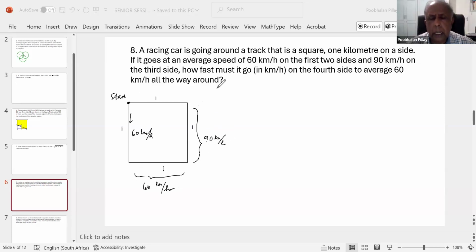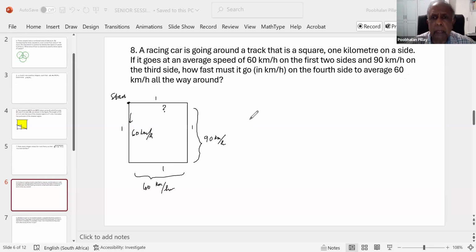On the third side, how fast must it go on the fourth side? So this is not given. It's unknown. To average 60 kilometers per hour all the way around. I can tell you that many people will do it like this.